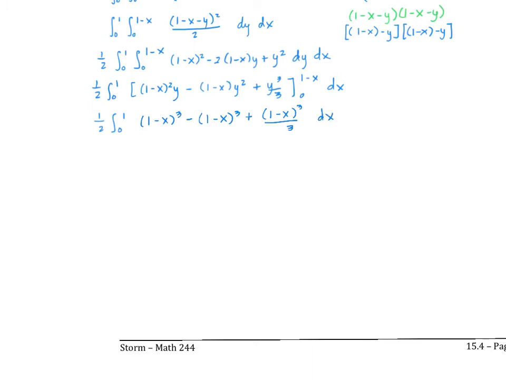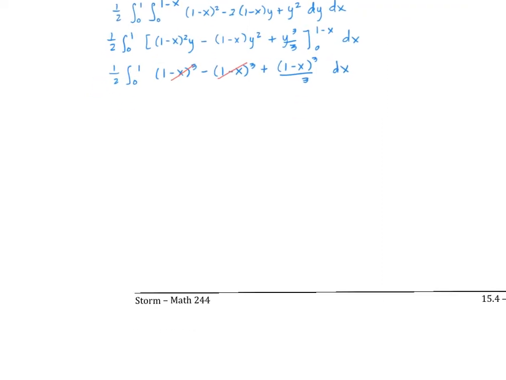And then plugging in the 0, each one of these terms goes away. With the 1 minus x to the third, those would cancel. And I think I'm going to take out the 1/3. So this is going to be a 1/6 integral from 0 to 1, 1 minus x to the third dx.